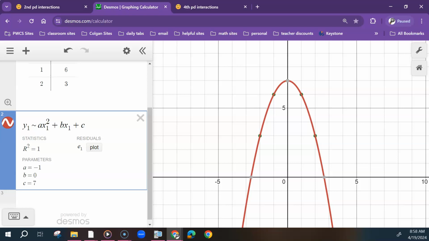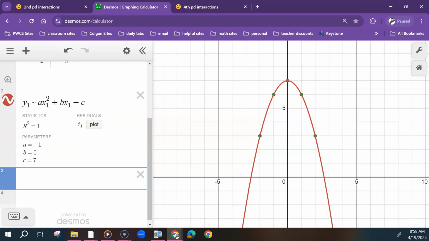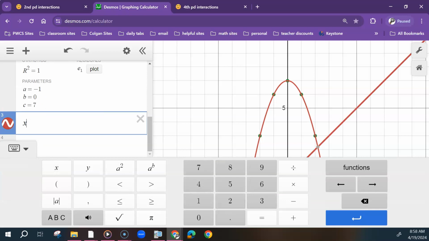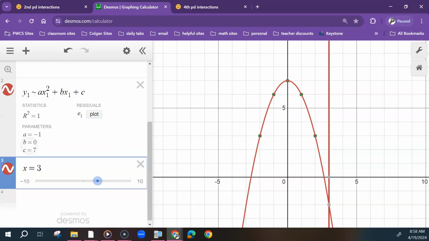In Desmos, if you were finding your y values, you could just type in x equals 3 and see where those two lines cross, or x equals 4. Questions on how we find the quadratic curve of best fit in Desmos?